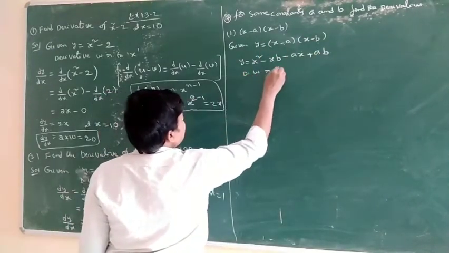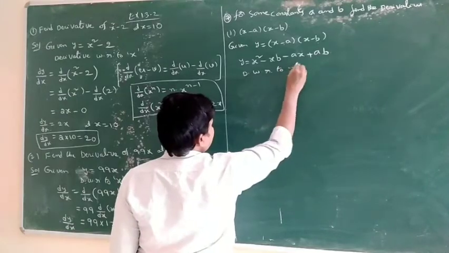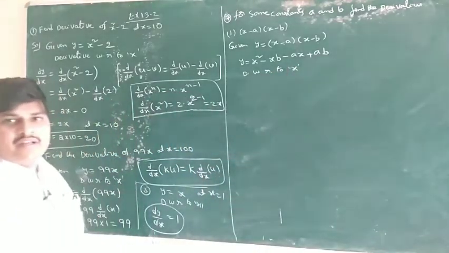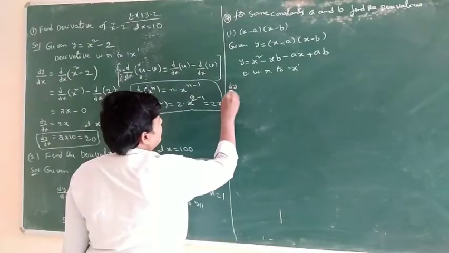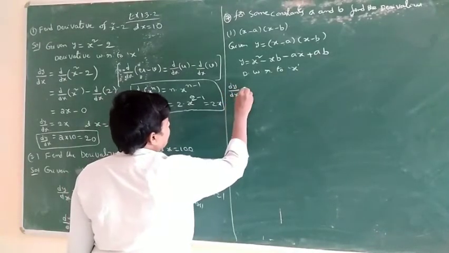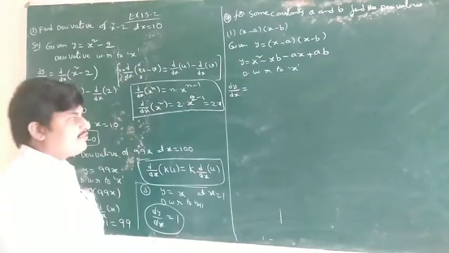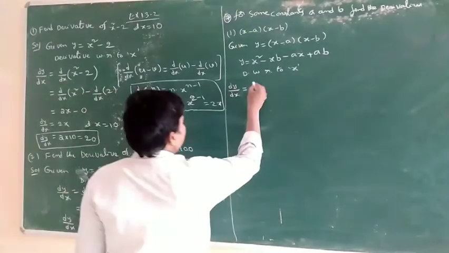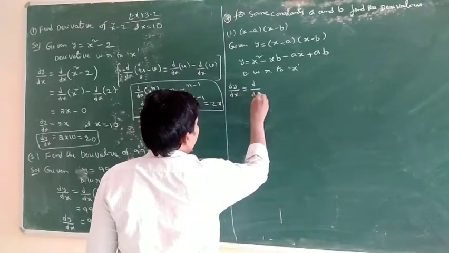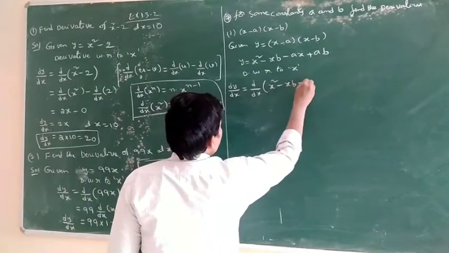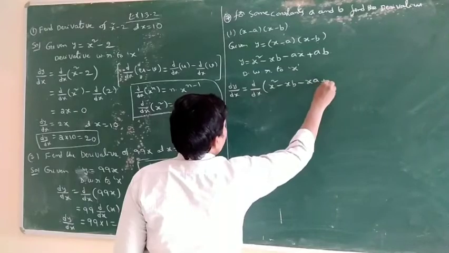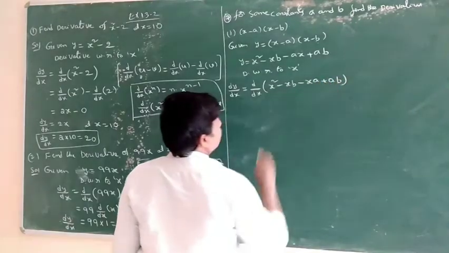Differentiate with respect to x. So y derivative dy by dx is d by dx of x square minus xb minus xa plus ab.